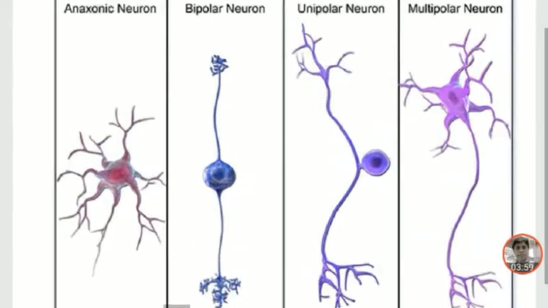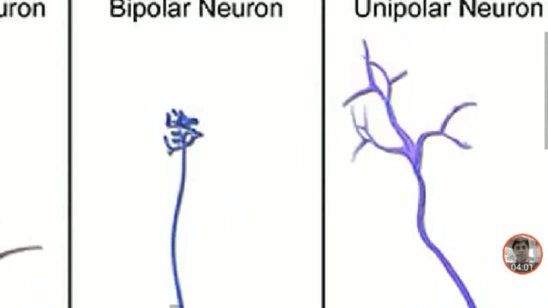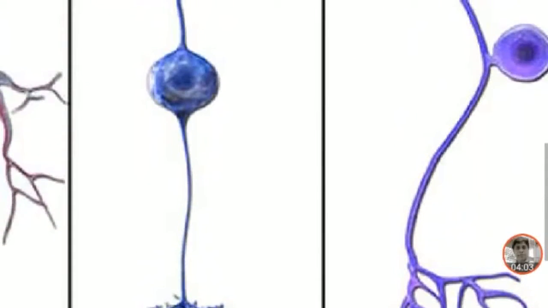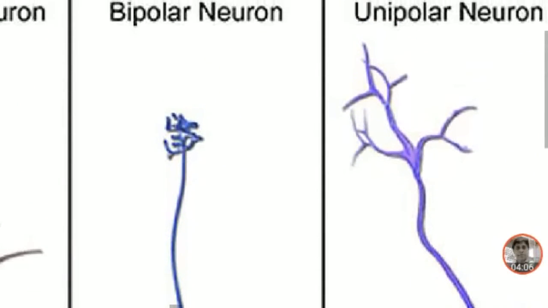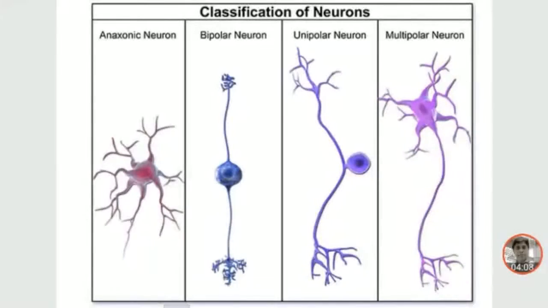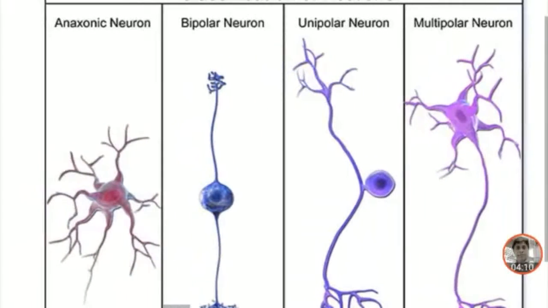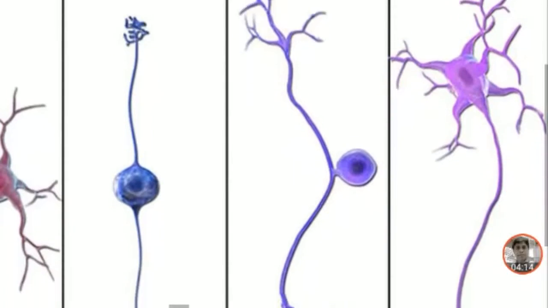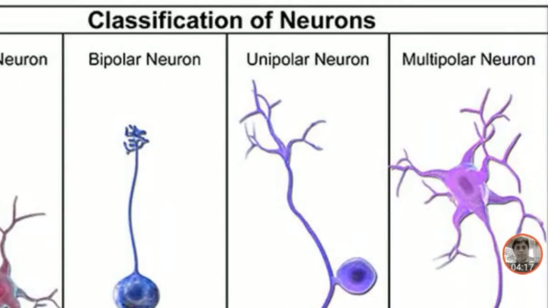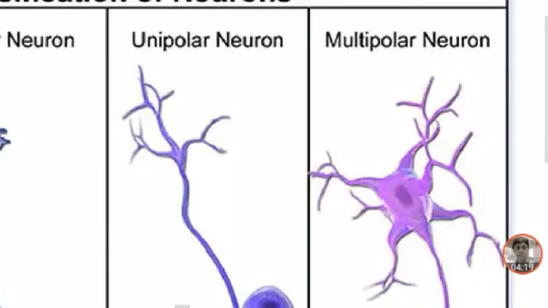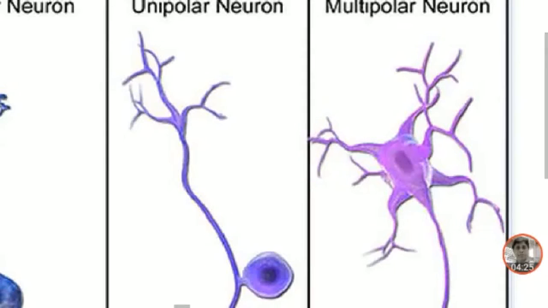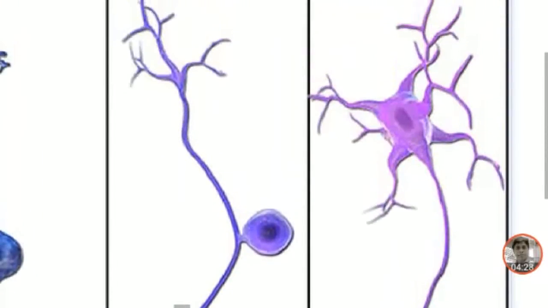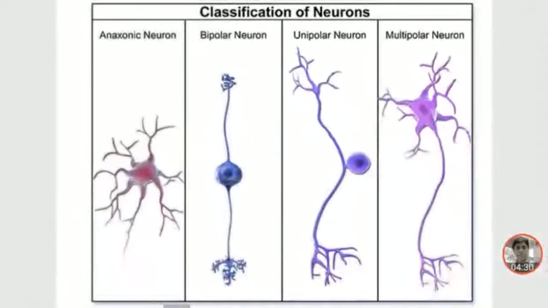In a bipolar neuron, one neuron has two processes on both poles, so we call it bipolar. In a unipolar neuron, from a single pole of the cyton, a single process originates. We call this a unipolar neuron. In a multipolar neuron, from the cyton and its different poles, many processes originate. We call it a multipolar neuron.